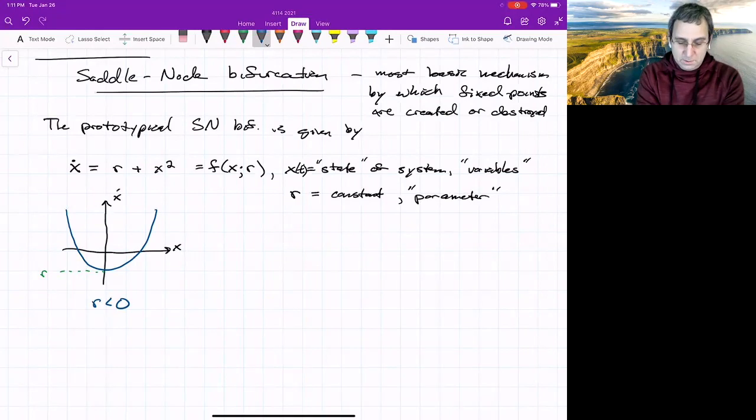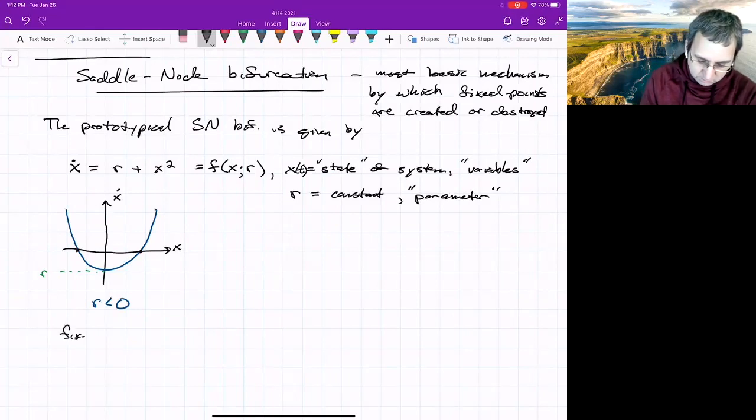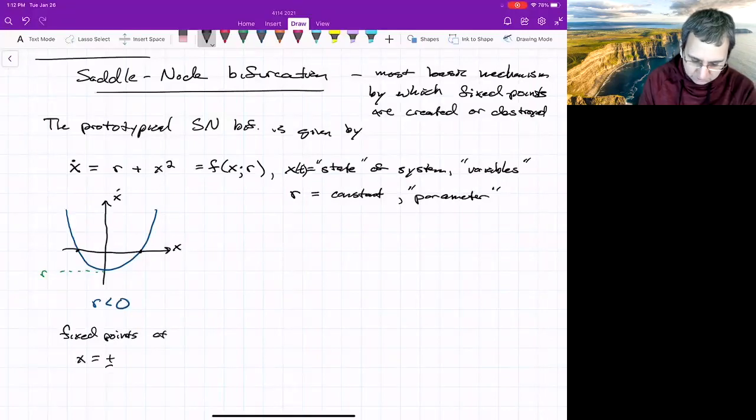And if we were to, for this case, figure out where the fixed points are, well, it's pretty obvious. We got this fixed point, we got this fixed point. We can even figure out where they are. We've got fixed points at X equals plus or minus square root of R.